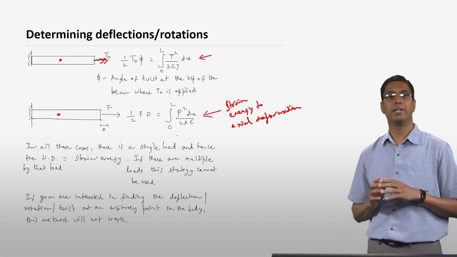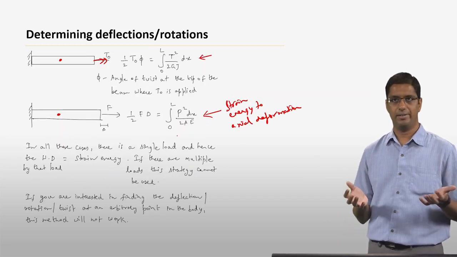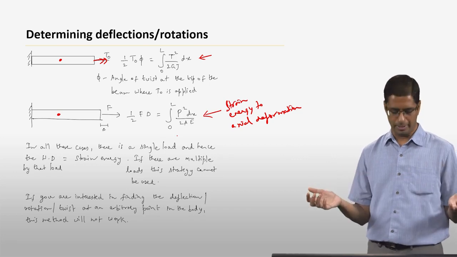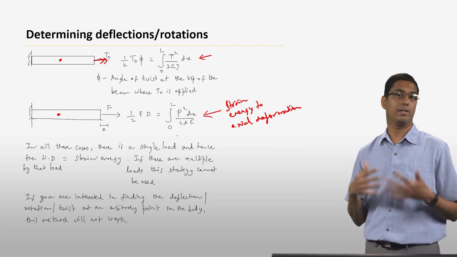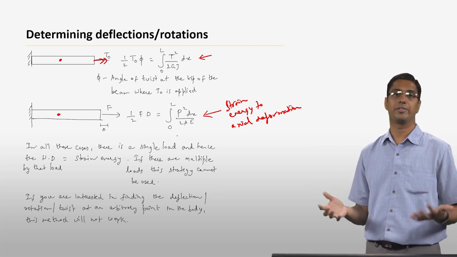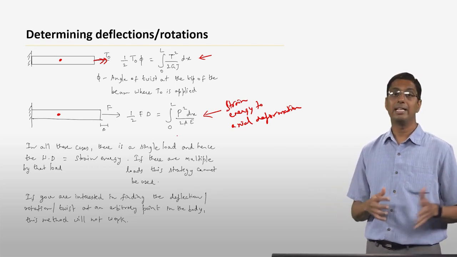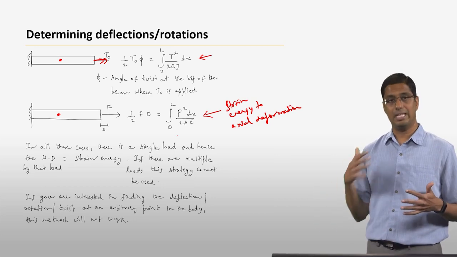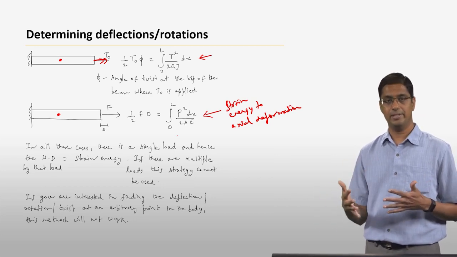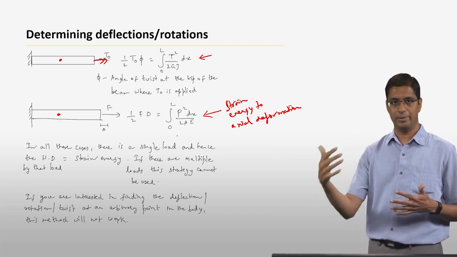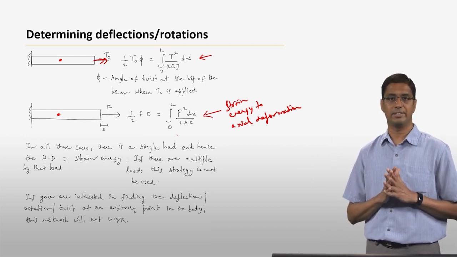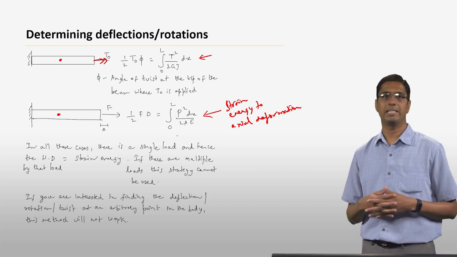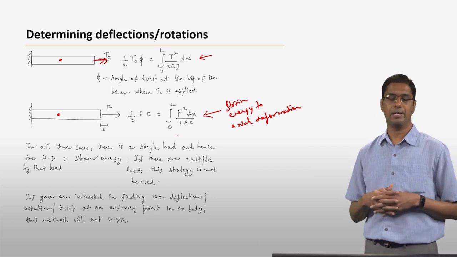If you want to find the deflections at arbitrary points in the body, or if you want to look at cases where there are multiple forces or multiple moments acting on the body, then you have to use a different method. That method is called Castigliano's method, and that is what we will be looking at in future classes. Okay? I hope that this part at least is clear to you, and we'll take up some examples on this in the forthcoming lectures.